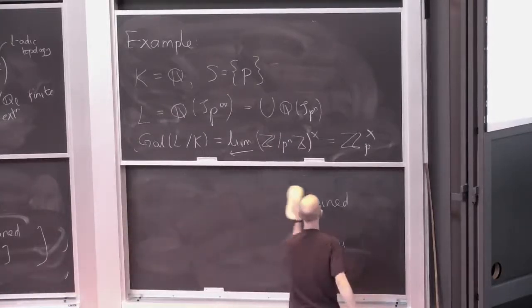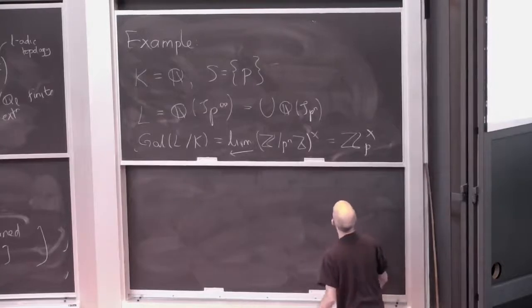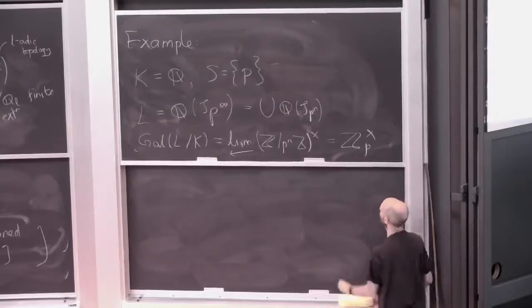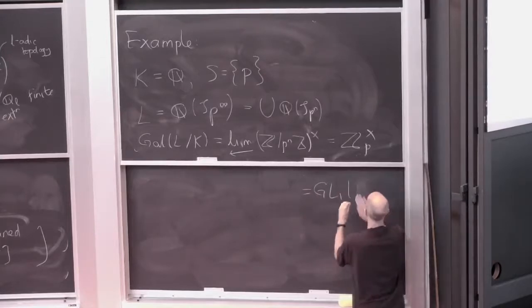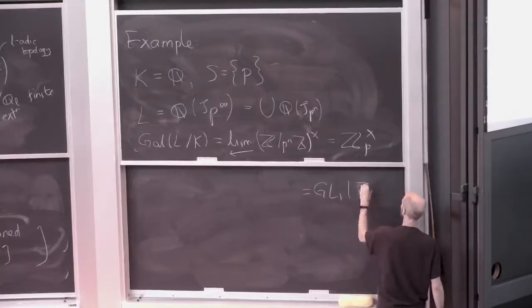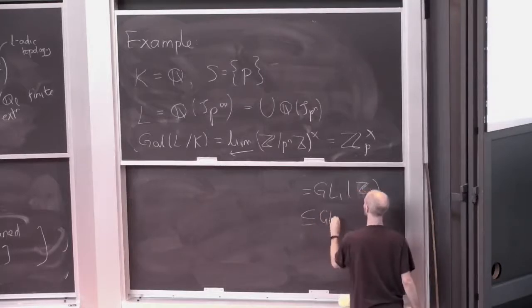And do you know what we can do? Zp star is GL1 of Zp, right? And so that lives in GL1 of Qp.